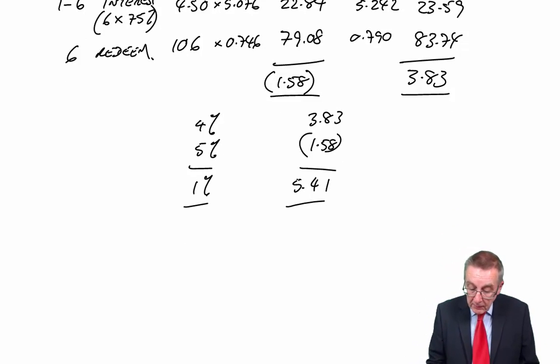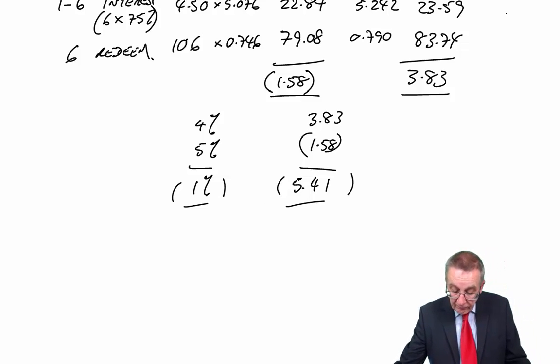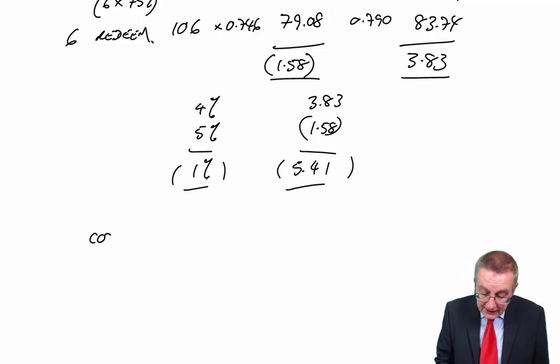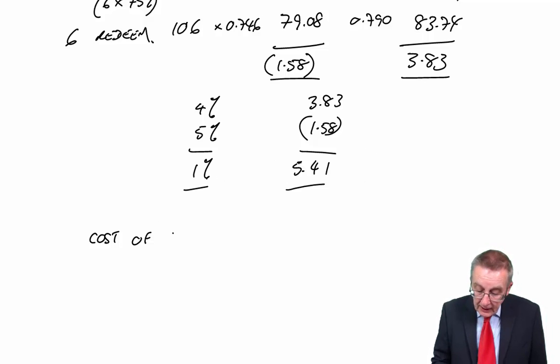So we get all upset about brackets. If you want to put brackets, put brackets. It doesn't really matter. But having looked at the difference, then we can write the answer straight down, because the cost of debt is the internal rate of return.